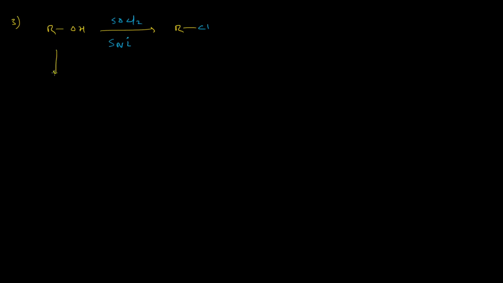So let us quickly consider the mechanism. So initially, the reaction between this alcohol and thionyl chloride will produce a chlorosulfide intermediate.